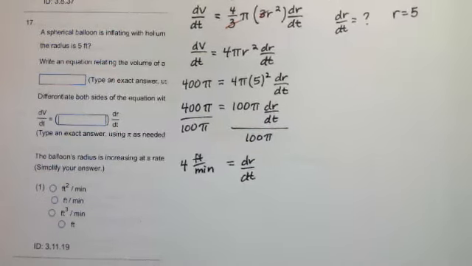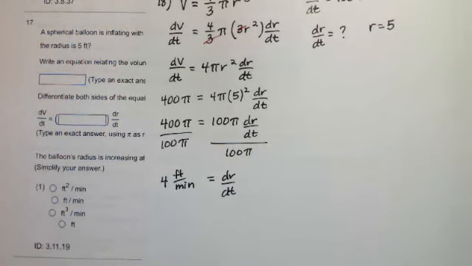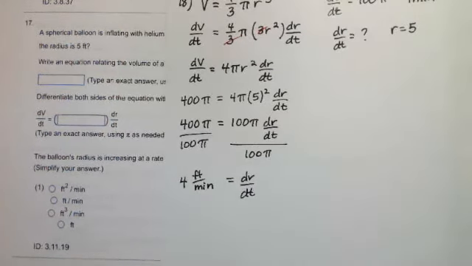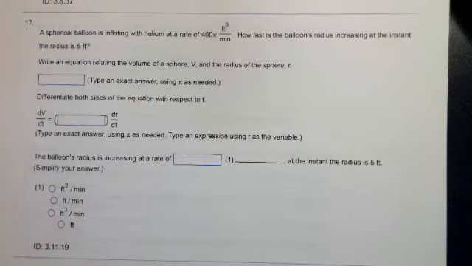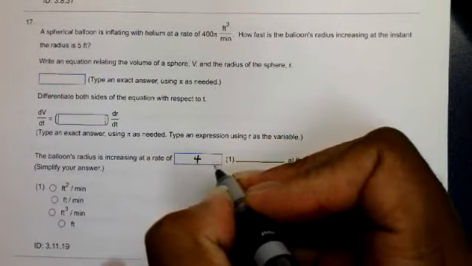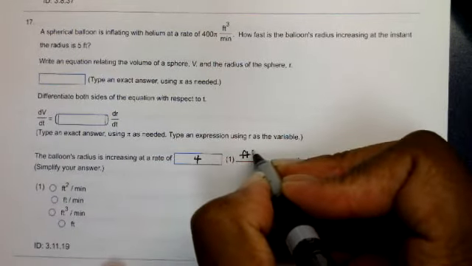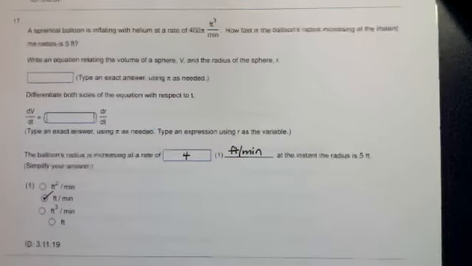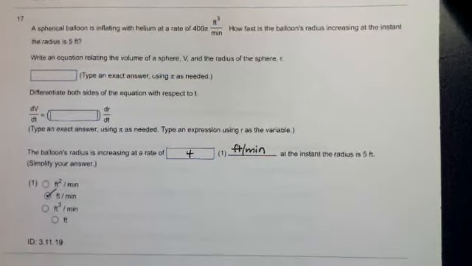Since the radius is in feet and the time is in minutes, it's got to be feet per minute. So the balloon's radius is increasing at a rate of 4 feet per minute. And you do have to select the correct units or the correct rate.